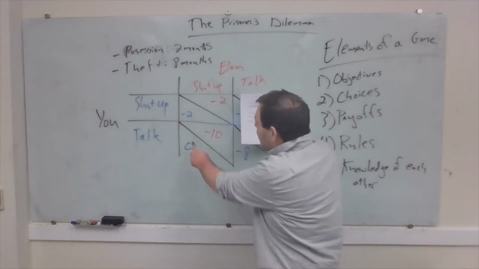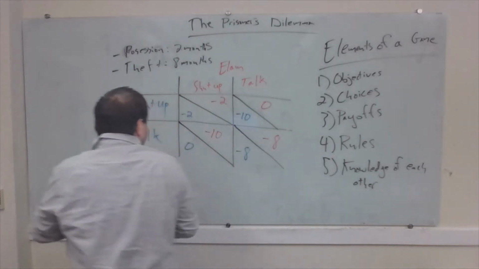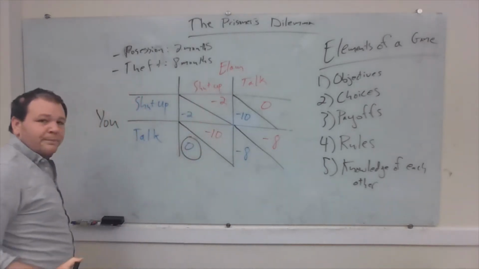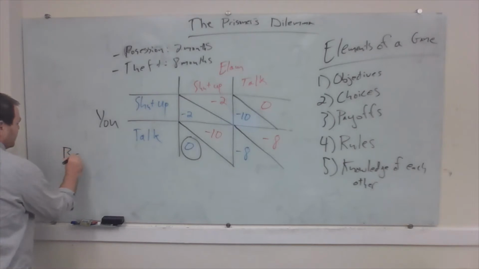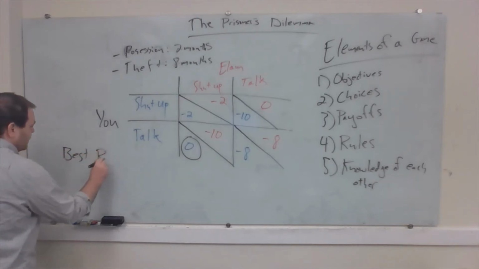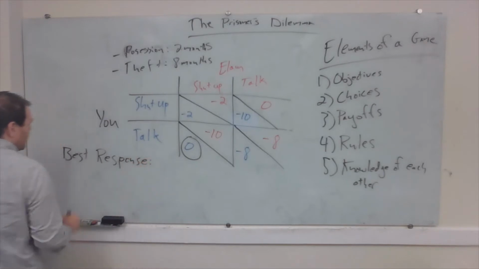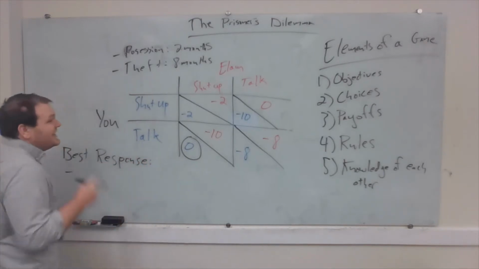We'll get no community service if we talk. So our best response to President Elam being quiet is going to be to talk, right? Where our best response refers to our optimal move conditional on the other player's move.